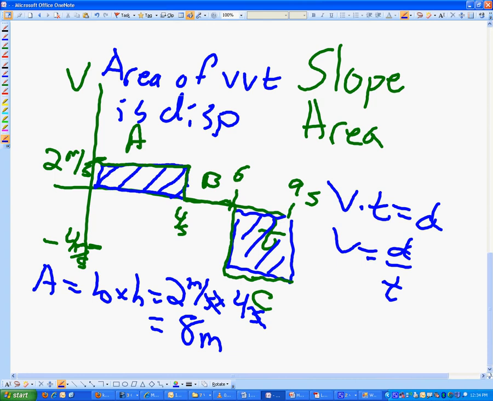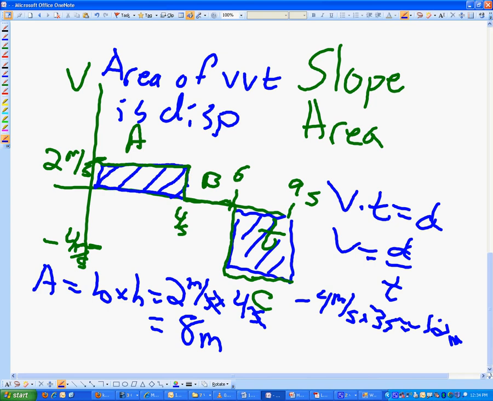So what's that going to be? Negative 4 meters per second, and make sure we include units in our work, times 3 seconds will be negative 12 meters. That is why we know that C on your paper, number 8, appeared to be a bigger area than A. That's how we know C was a greater displacement than A.